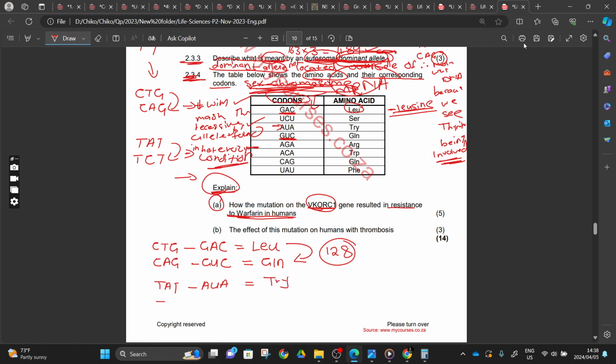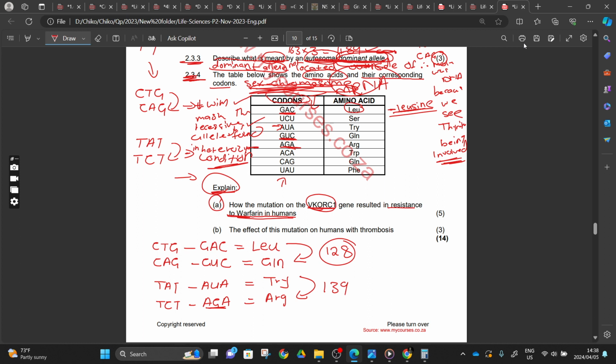Then another code was TCT. In mRNA it's going to pair with adenine, then cytosine, guanine, thymine, adenine. Then we go to the mRNA sequence and see AGA. This was going to form ARG. So this was replaced with this. It was 139, if I'm not mistaken.